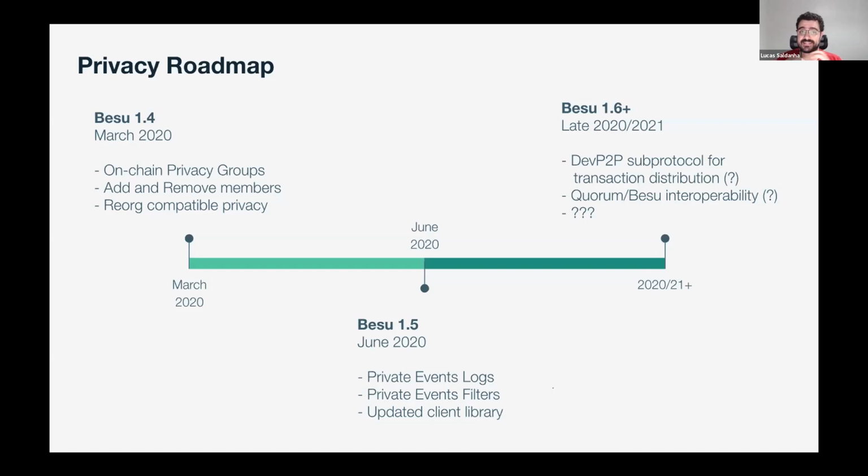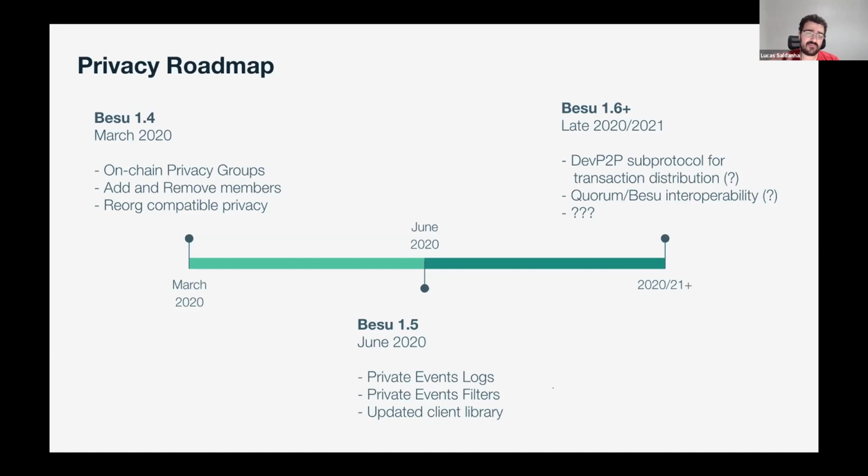If you are a DApp Ethereum developer, you know that using filters and monitoring log events is probably the easiest way to interact with a smart contract in your DApp. So far, we didn't have this functionality implemented for private contracts. So in Besu 1.5, we're going to have logs and filters implemented, and we're going to have our client library updated to support those.